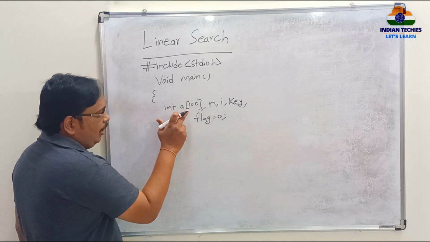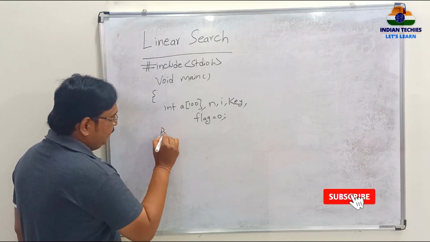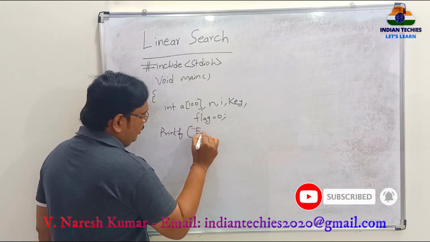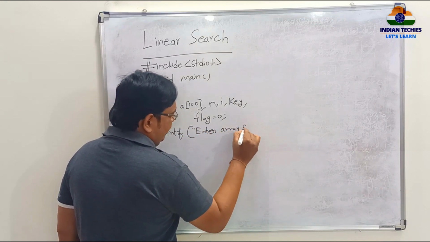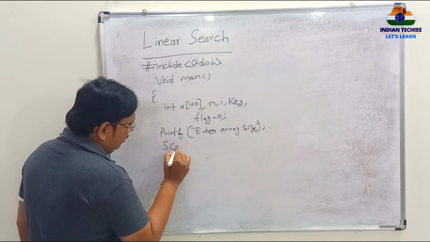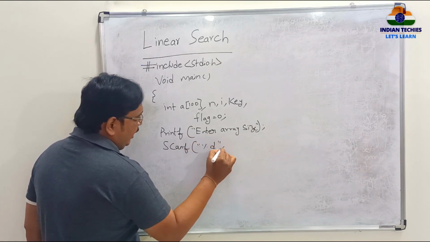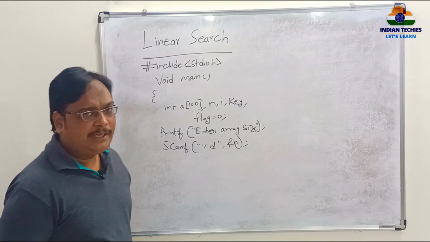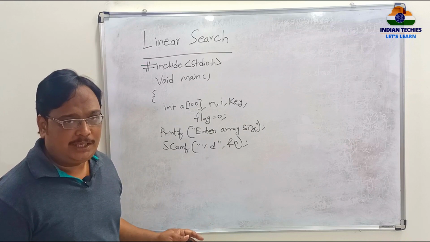Now, first, out of this 100 values, how many values do I have to give as input? That is, I am writing printf("enter array size"). So, I want to mention the array size. Right? Next, scanf, since array size is an integer, "%d", &n. Now I have given one value. Out of 100 I can give 10, 20, 30 or 45, anything not greater than 100.